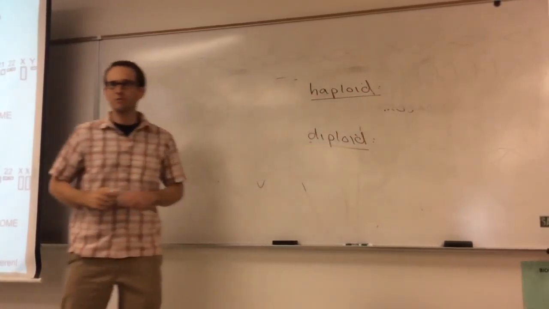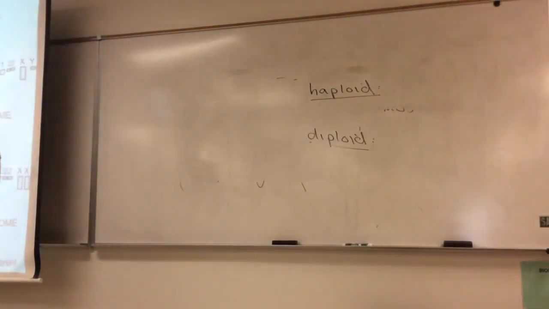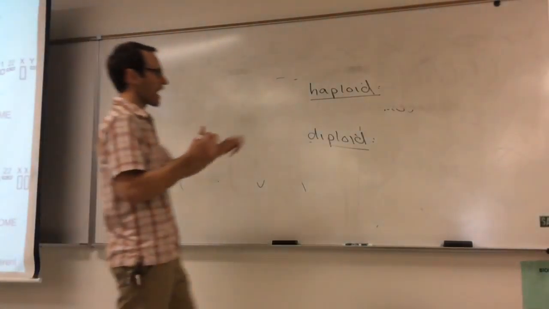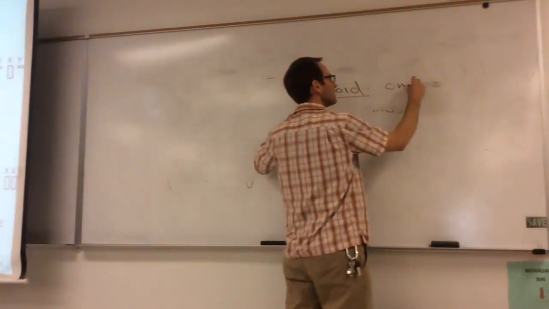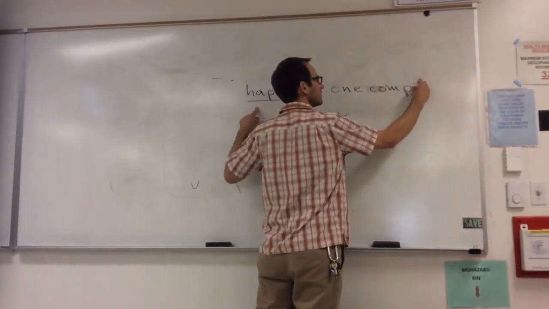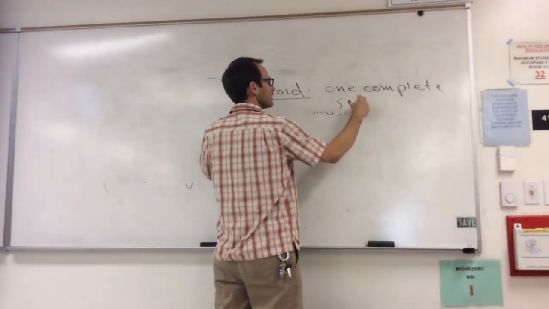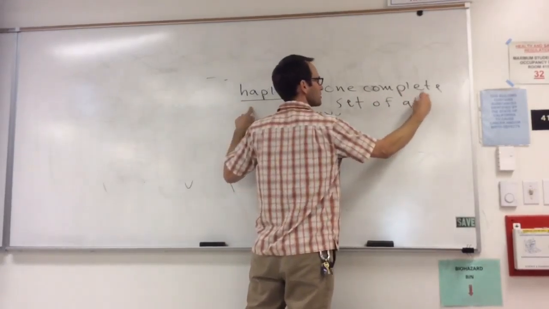And these two words simply refer to if you have one copy of all the chromosomes or if you have two copies of all the chromosomes. So the word haploid refers to one complete set of all the chromosomes.